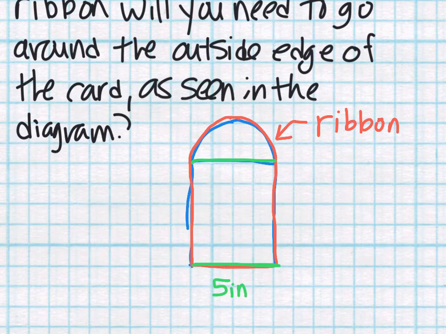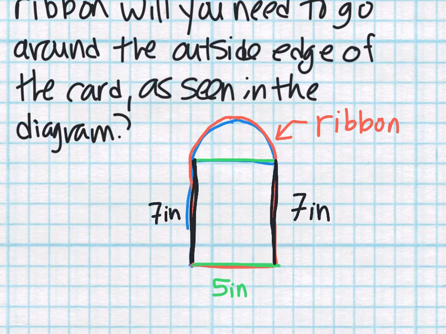And this distance, just the height of the rectangular piece, which is here and here, that is 7 inches. So now we need to figure out how much ribbon. So this side is also 7 inches. This side is 5 inches. I can pretty easily figure out this rectangular piece.